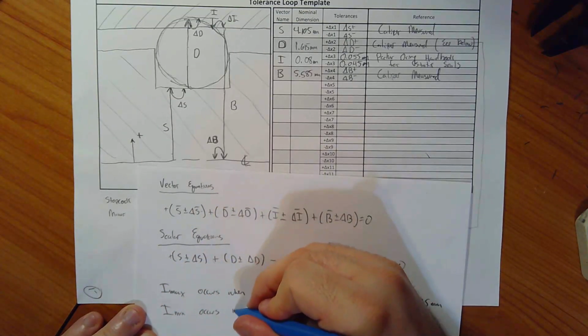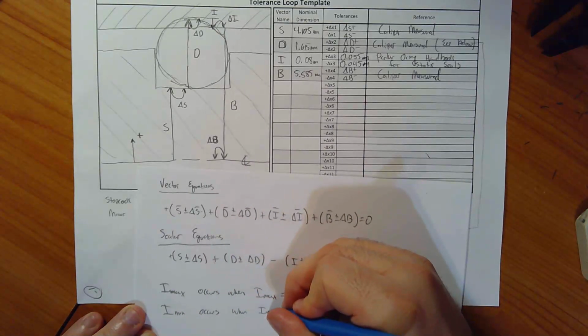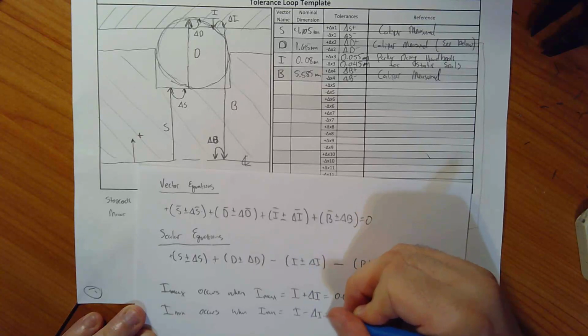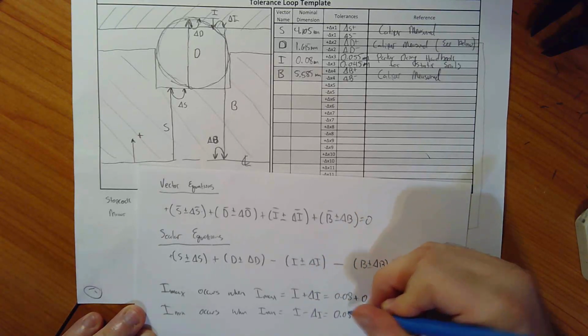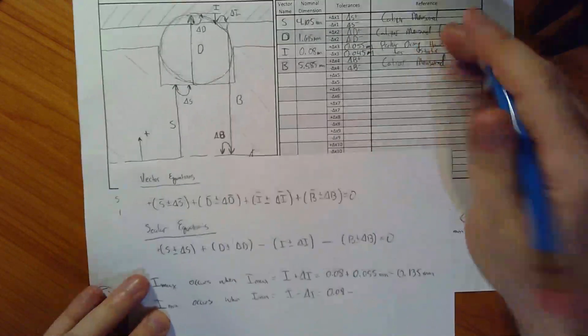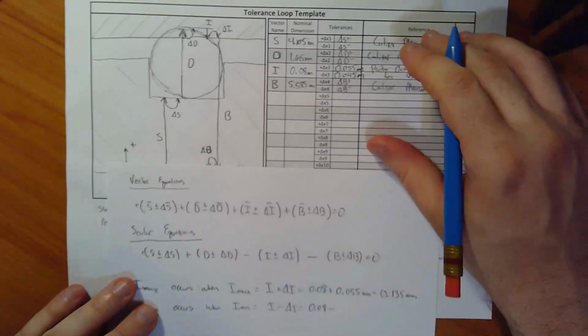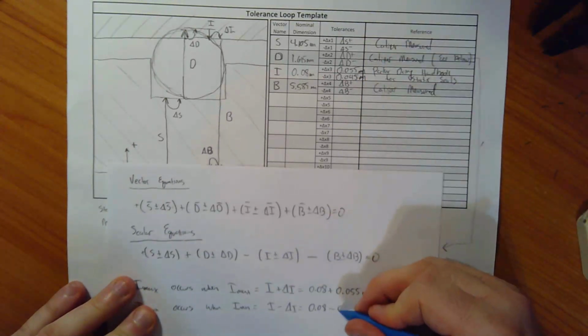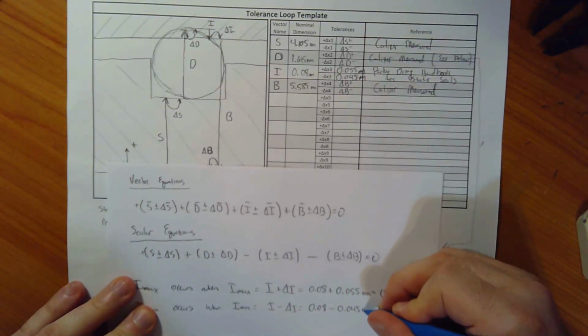Okay, and then I min occurs when I min is equal to I minus delta I, and so that's going to be my same nominal dimension, 0.08. And then I'm going to subtract the negative unilateral dimension, which is 0.045 millimeters.